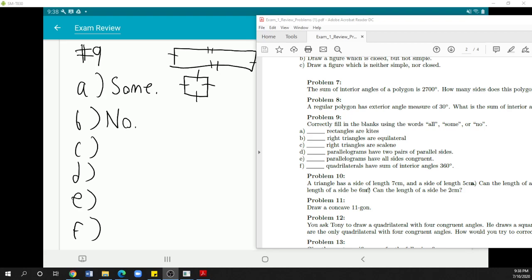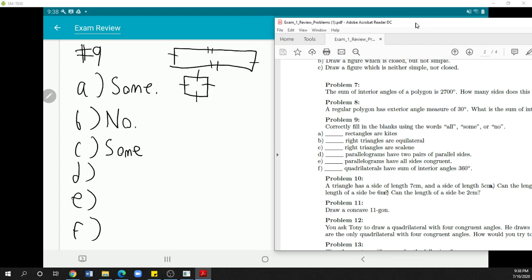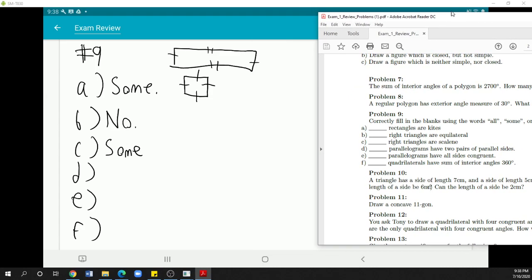Blank right triangles are scalene. The answer again here is some. So you could have a triangle like this. This would be an example of one which is scalene, where the tick marks go like this.